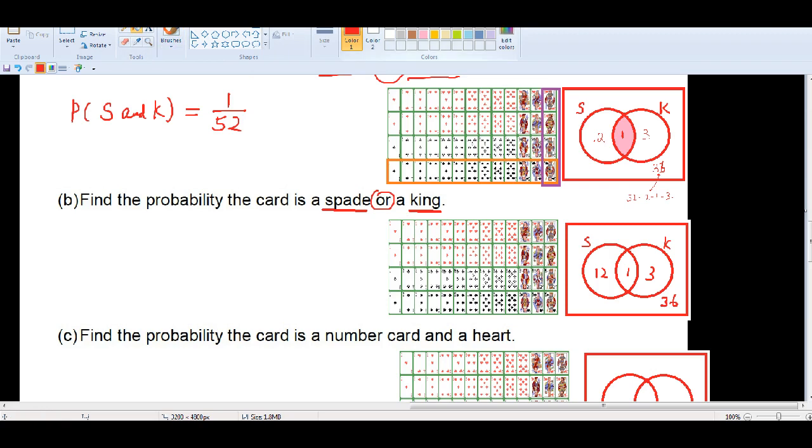So we need to consider all the parts. Whenever you see OR, that means all the parts. So probability of S or K should be 12 plus 1 plus 3 divided by 52. This one should be 16 divided by 52.